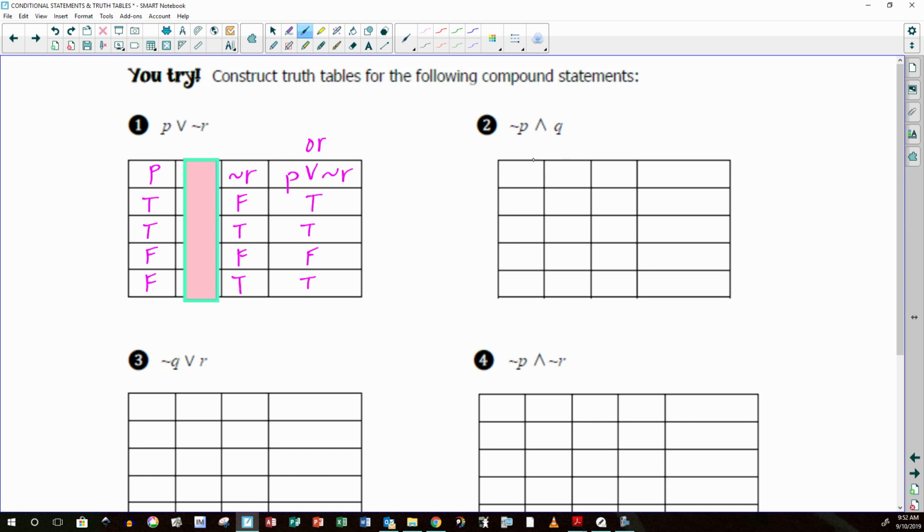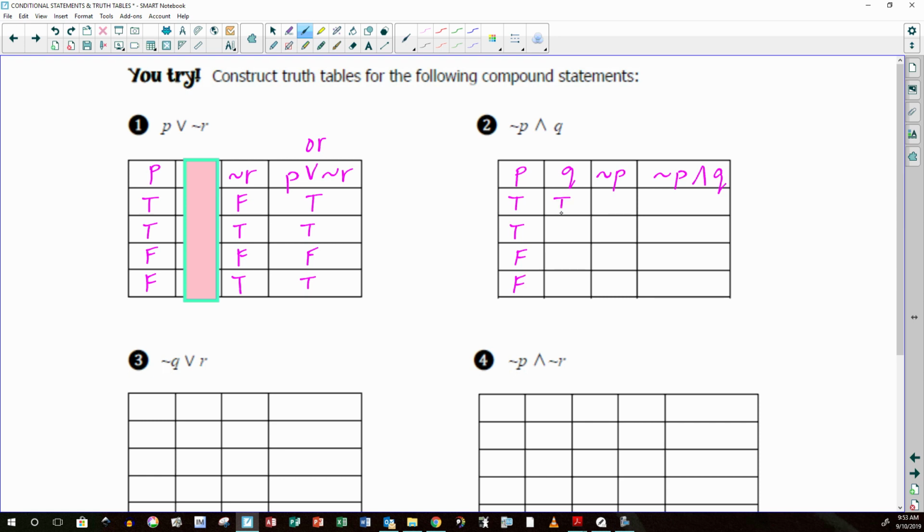I'm going to do one more with you, and then we're going to stop and we'll do some more in class. So please make sure that you hang on to these. So if I have a not P and Q, I have to have a P, and then a Q, and then a not P. I always take care of the positives, your P's, your Q's, your R's, and then I take care of the nots. And then the last column is not P and Q. So your first column is always true, true, false, false.